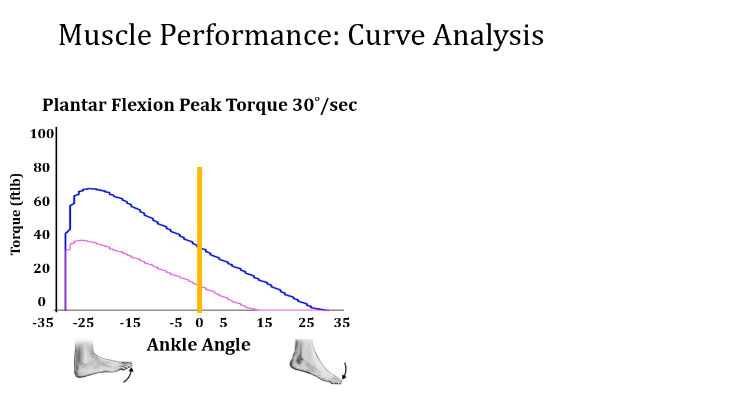And the key here is that you can see the differences once again at the peak torque angle of close to 25, 30 degrees, and then the loss of strength in the involved leg, that is the pink limb, as they approach closer and closer to the more plantar flexed position. This position is critical for push off, not only during gait, but running, jumping, as well as cutting-based maneuvers.